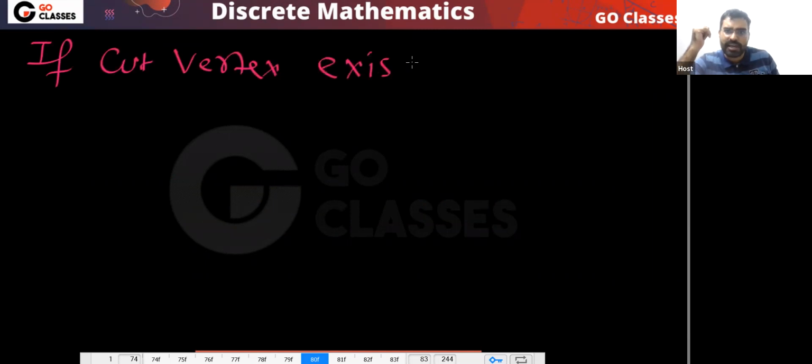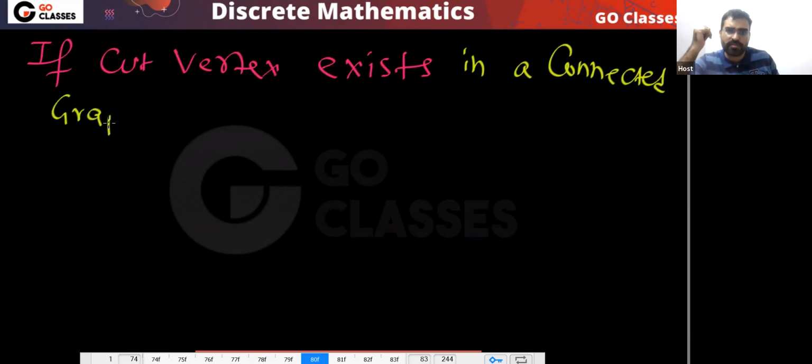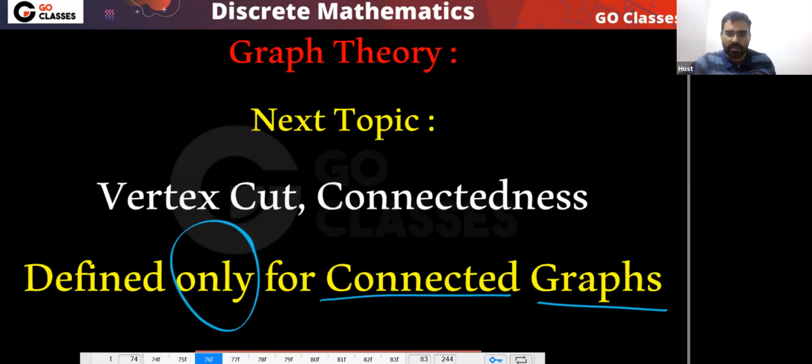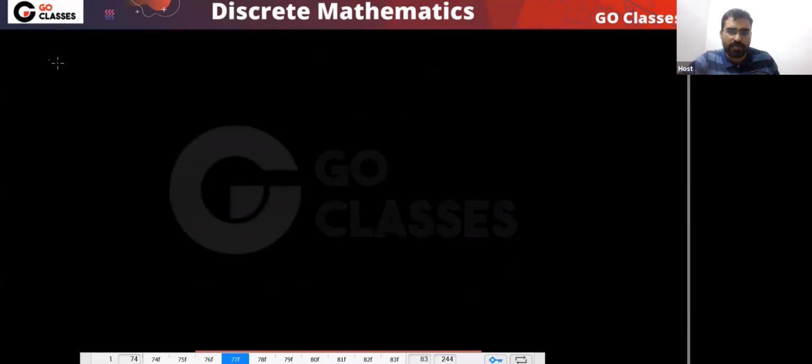If a cut vertex exists in a connected graph, because we are talking about connected graphs now. Please remember, from now onwards, we will only study connected graphs.